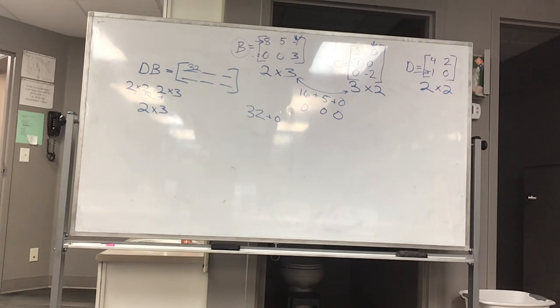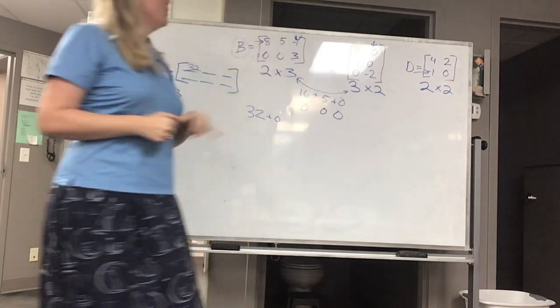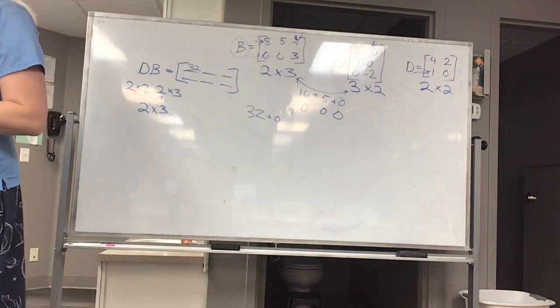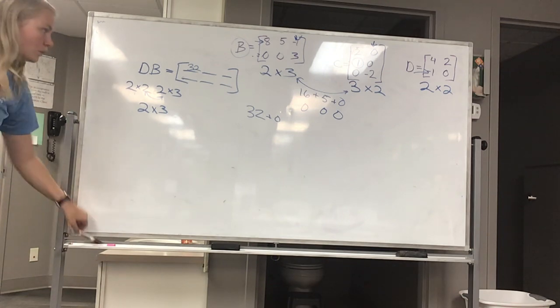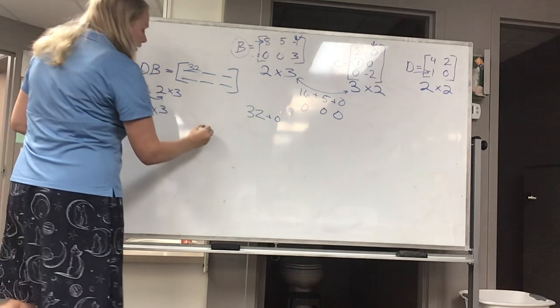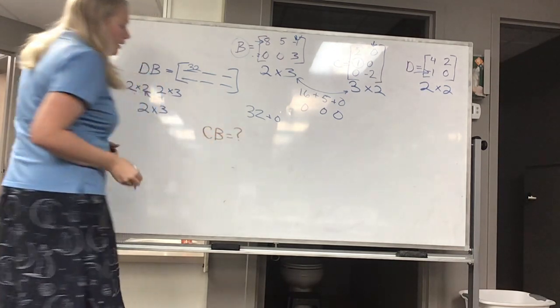Other than the ones I showed you, B times C and D times B, what is another pair of multiplication that is possible? Or rather, if I say C times B, is that possible?